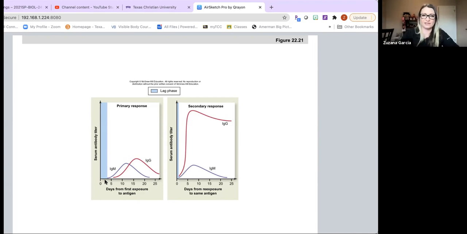Then the level spikes up, and then it drops a bit. However, if you're exposed to the same pathogen again, now you have thousands of memory cells, so that lag phase is much shorter. You're not lagging as much. You have thousands of cells all over your body that are able to recognize that antigen, and so the response is much, much quicker.